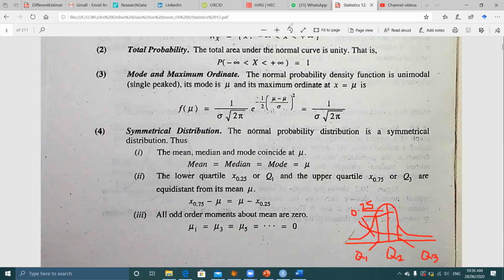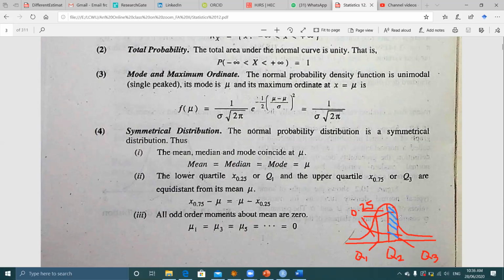If I shade it using a different color, for example, this one, this is your area from mean to Q3.